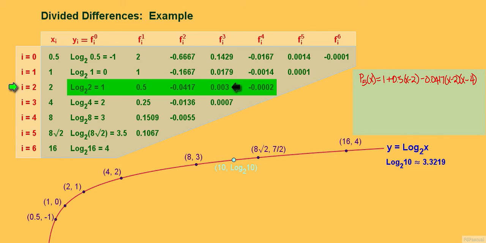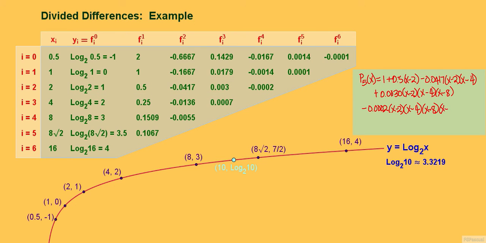Then it's 0.003 multiplied by x minus 2, x minus 4, and x minus 8. And finally, we have minus 0.0002 multiplied by x minus 2, x minus 4, x minus 8, and x minus 8 times the square root of 2.